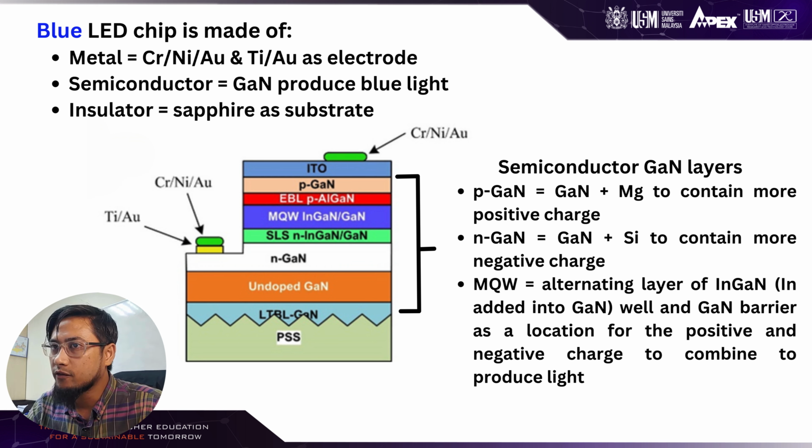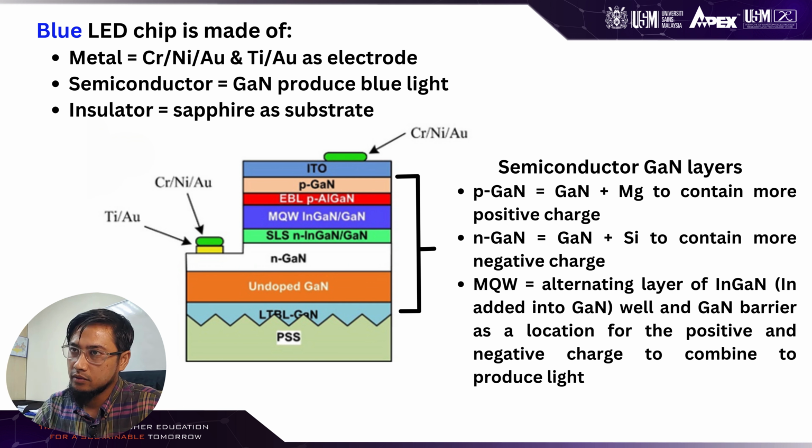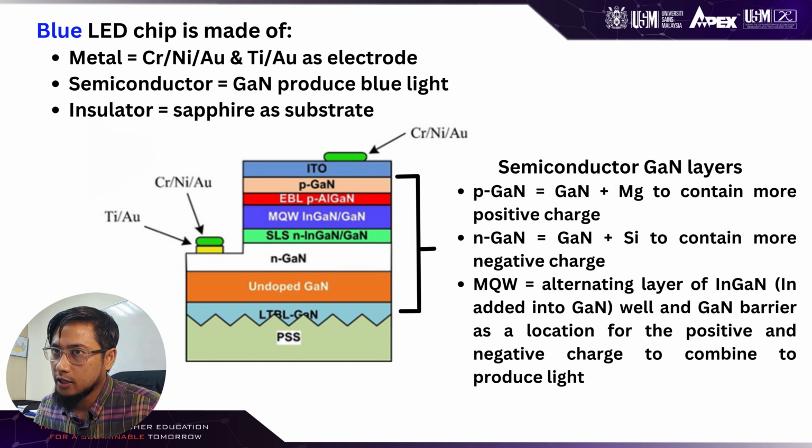At the top, we have metals, which are chromium, nickel, gold, and titanium and gold, which act as electrodes for the charge to flow inside our chip. At the bottom, we have a sapphire layer, which acts as a substrate for the whole LED chip.